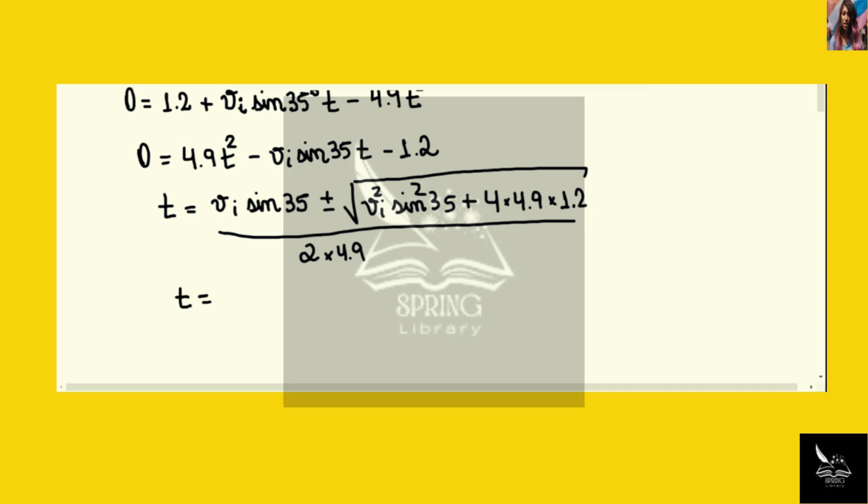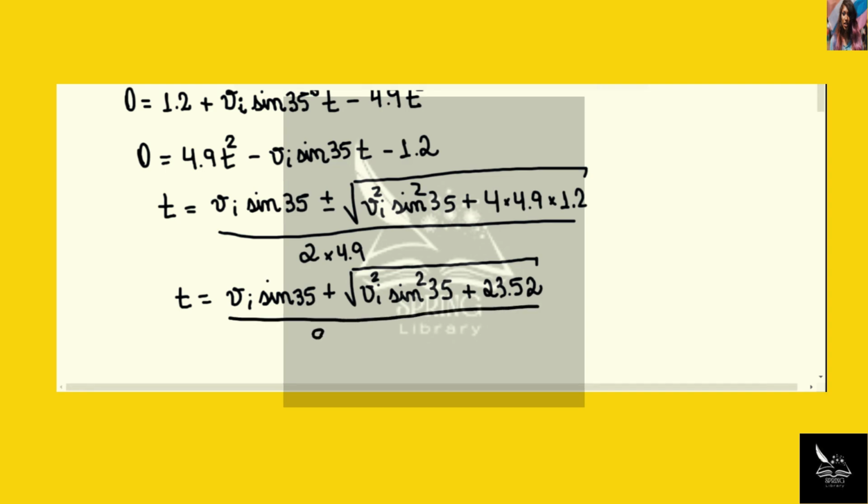And we are only interested in the plus solution because the minus solution yields a negative t. So I have vi sine of 35, only plus, the square root of vi squared sine squared of 35 plus 23.52, divided by 9.8. So this is the best we can simplify the time.